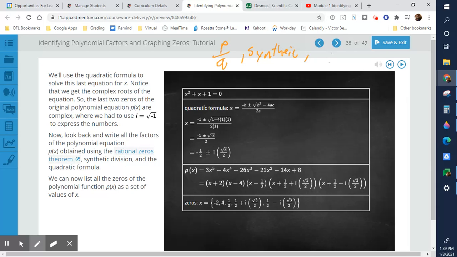I like using the quadratic formula as a last resort. If I can factor it, I'm going to factor it instead of having to plug in this formula. Some people just prefer, hey, I already did all this work trying to prove it with synthetic division, I'm going to use the quadratic formula. And that's another reason why I usually don't like plugging in the fractions. I'm going to get rid of all of my whole numbers first, and if there's a fraction, it'll probably show up when I'm doing the quadratic formula.